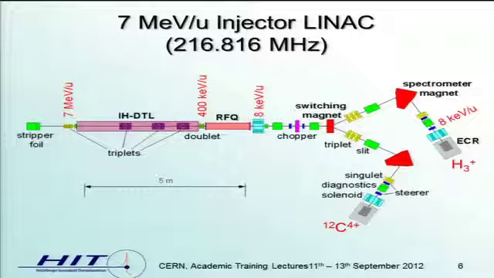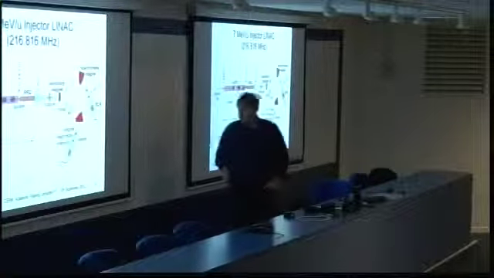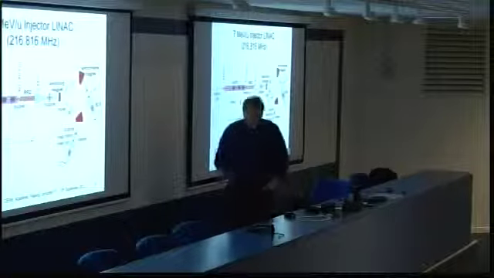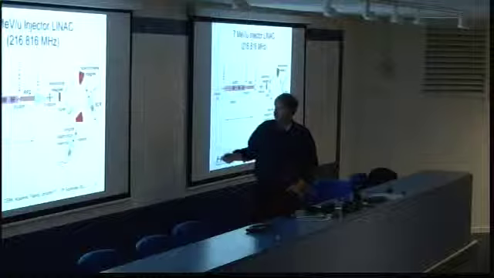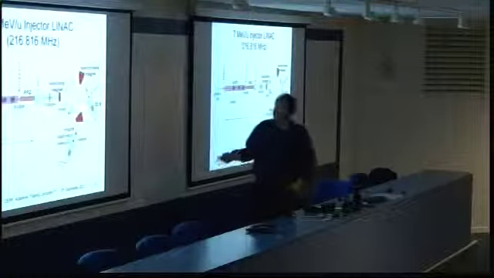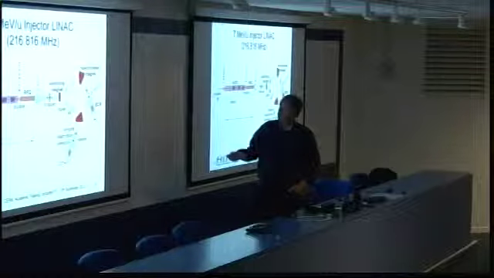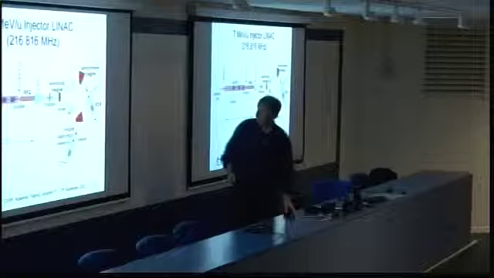Over the years we also changed to an A over Q of 3 for protons. So we generate an H3+ ion in the ECR ion source and bring that through the spectrometer to the LINAC.